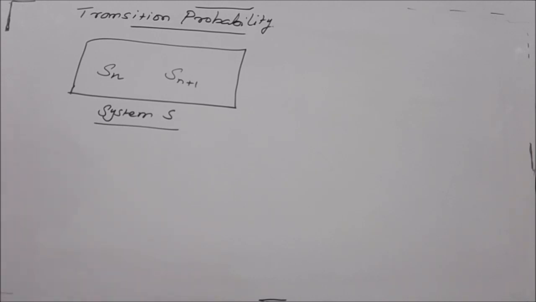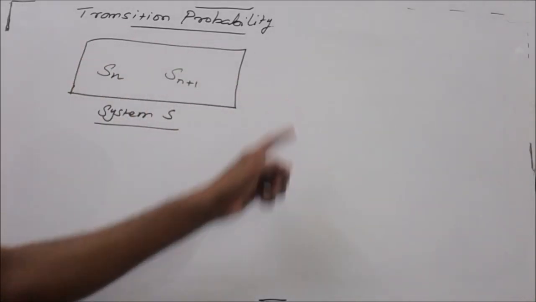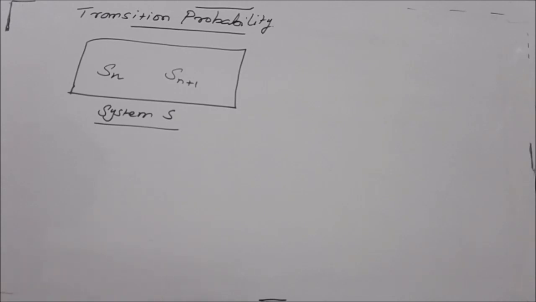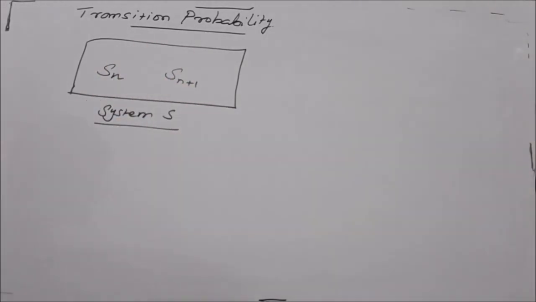This movement is related to a probability distribution. There is a probability associated with each move, Sn to Sn plus 1, or Sn plus 1 to Sn plus 2, etc. That is, for each transition Sn to Sn plus 1, there is a probability.